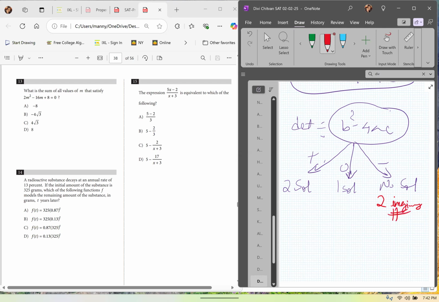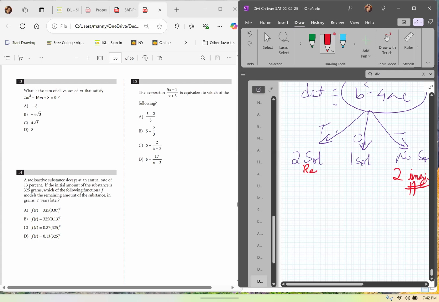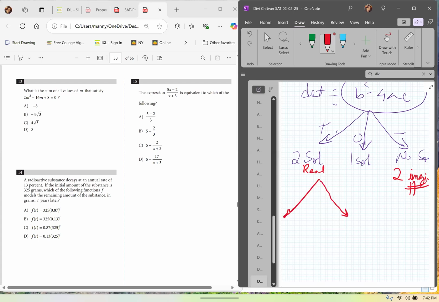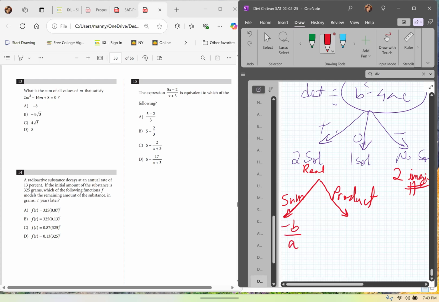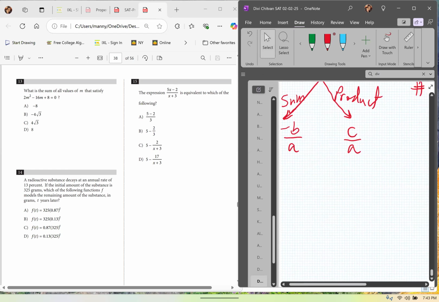So if it has two real solutions, then there's a system, you can do it very quickly. The sum and product, there's a formula for that. If you know that, you can do this in seconds. Sum is negative b over a, and the product is c over a. So we don't even have to find the two solutions.